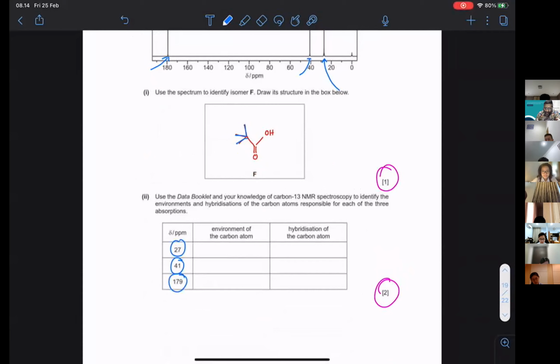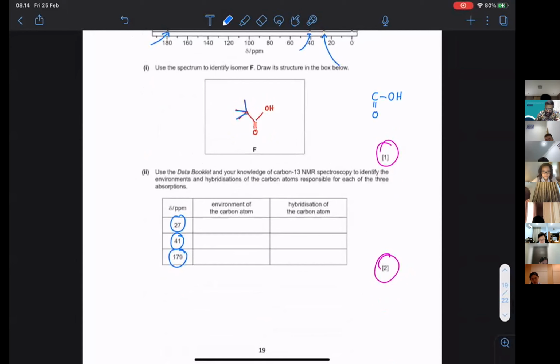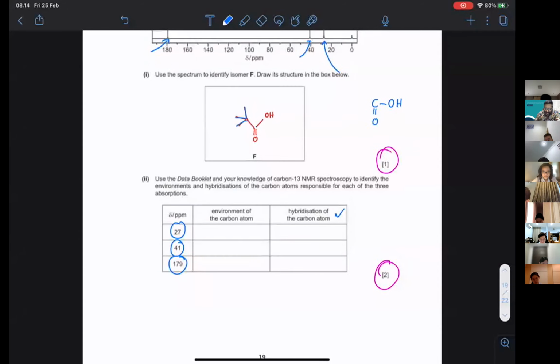The carbon environment I have is the one attached to C double bond O, and then attached to O or H. Let's find out what kind of environment that is. Then they ask for the hybridization.